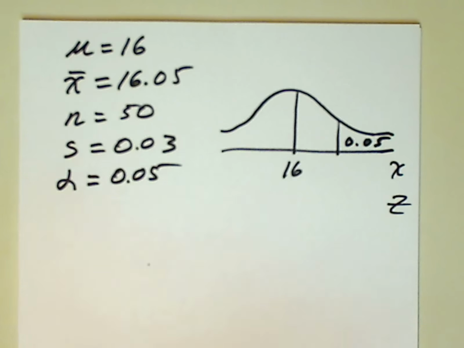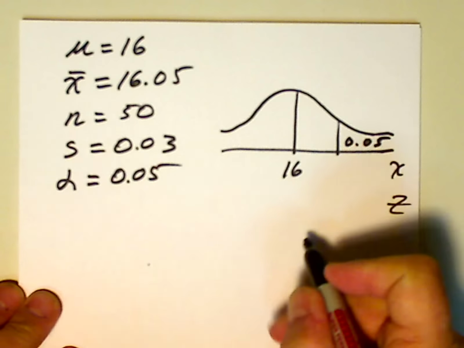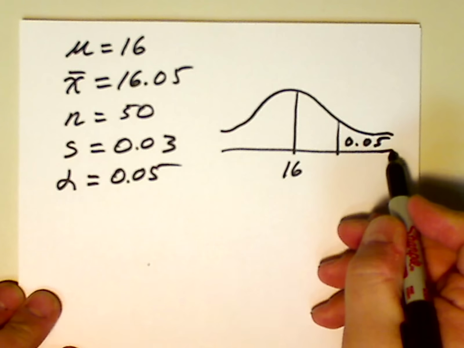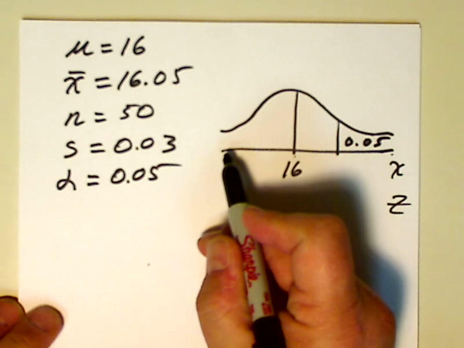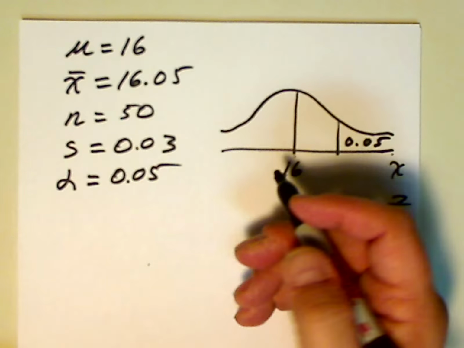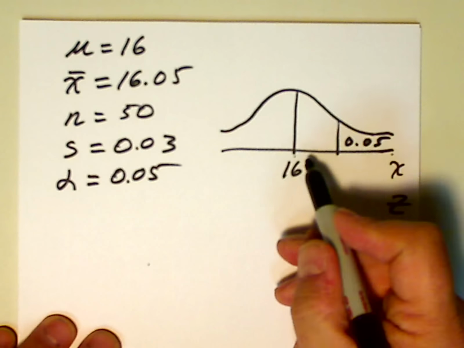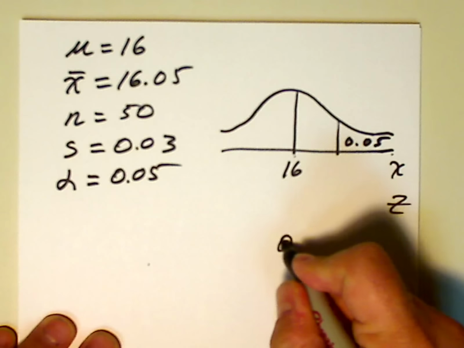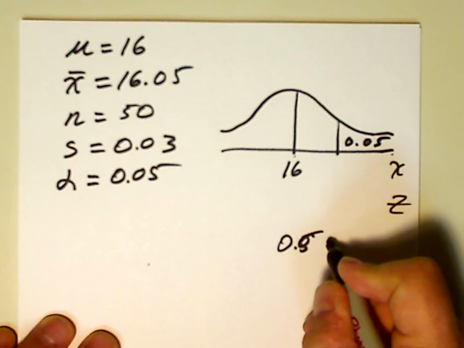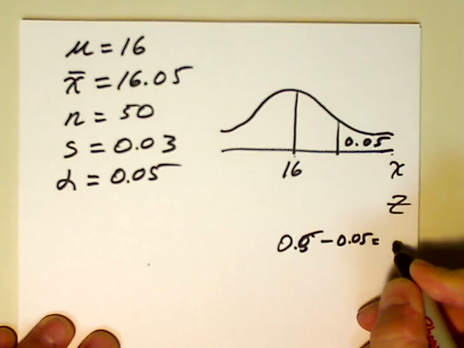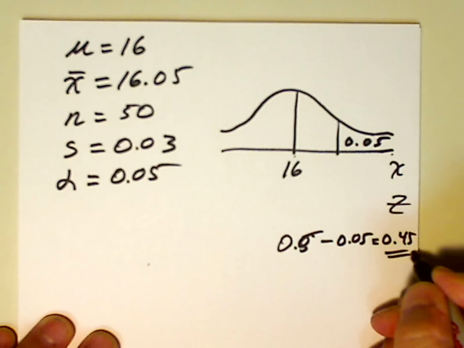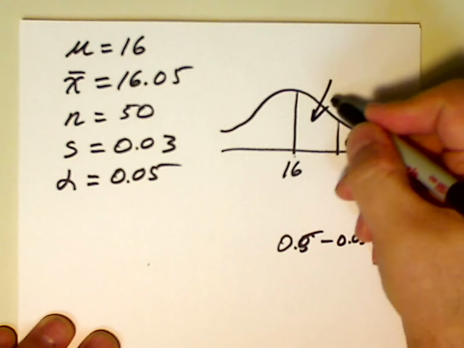And let's get our book out. Well, first, we know that 50% of all observations are to the right of the mean, 50% are to the left of the mean. And so 0.5 minus 0.05 is 0.45. That's this region right here.